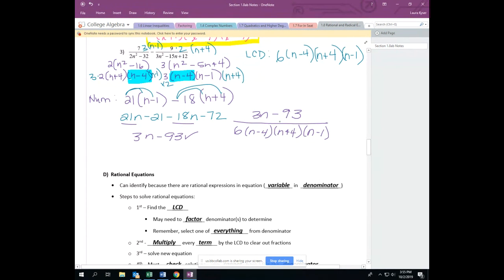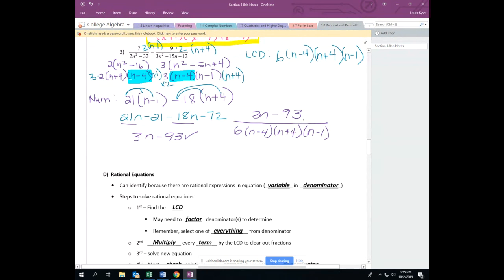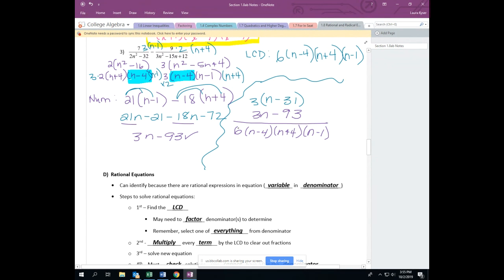Now, I want to point out here that this time, factoring in the numerator will help you simplify. This numerator here factors. A 3 factors out, and I'm left with n minus 31. Now, it wouldn't be that big of a deal, except that we have a monomial on the bottom as well. And that monomial on the bottom is a 6, and 3 and 6 simplify. 3 goes, 6 becomes a 2.